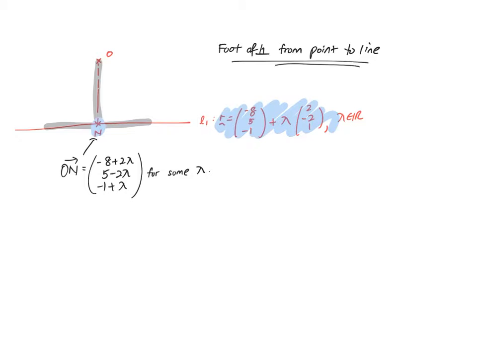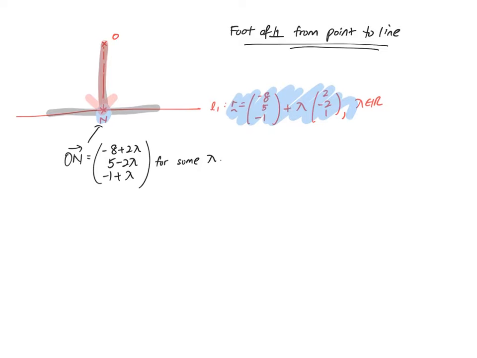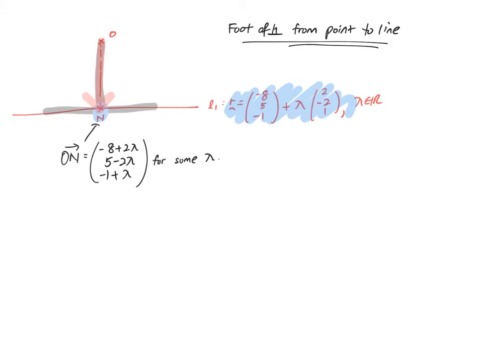And it turns out that because in this case we are looking at the foot of the perpendicular from the origin to the line, ON is basically this. So in this case, ON is also a direction vector. And if you look at the direction vector of line 1, this is basically lambda of 2, negative 1.